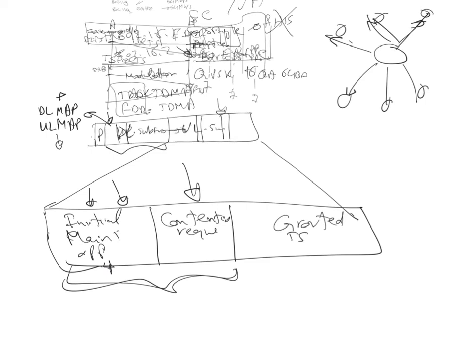In the uplink, we have these three phases. Two of them are based on contention, and the third one is contention-free. All these phases can be used for explicit requests. This one is mainly implicit. This one is explicit. And this one is explicit or implicit, depending on whether you use piggybacking or not.